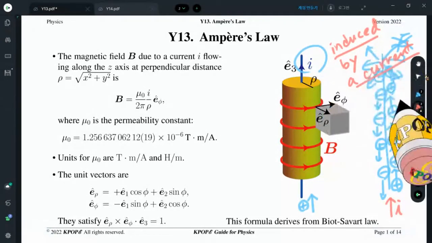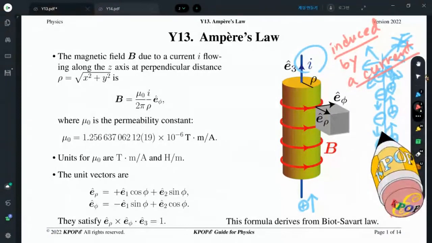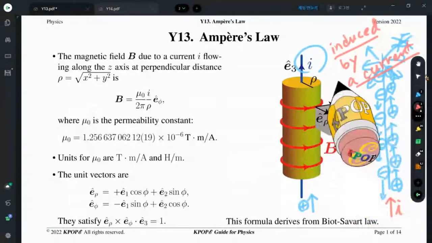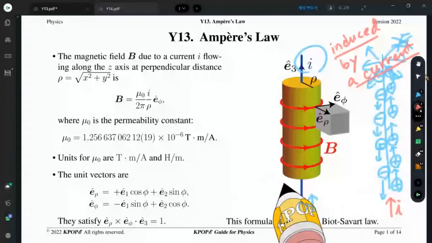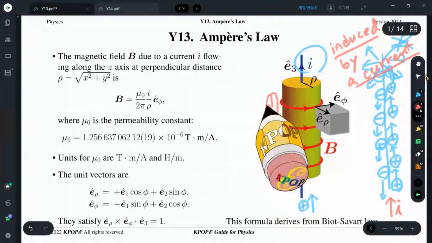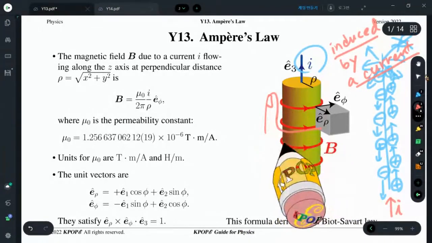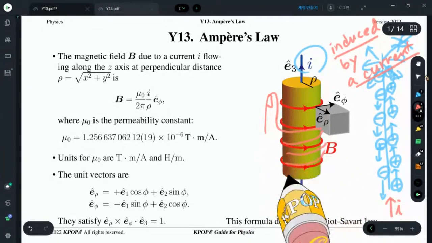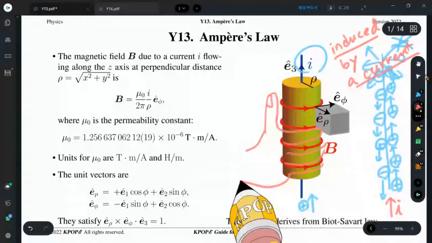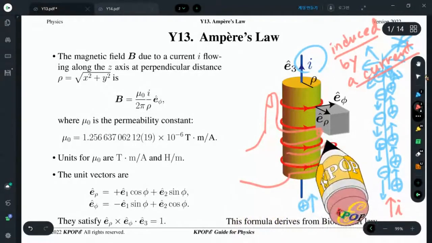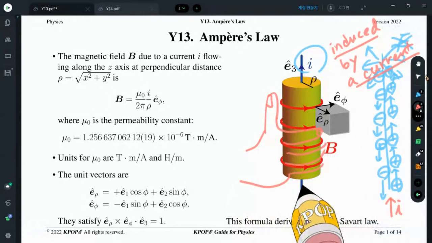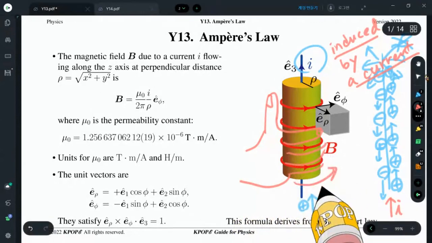And the direction of the magnetic field, according to this figure: you use your right hand, then your fingers follow the directions.